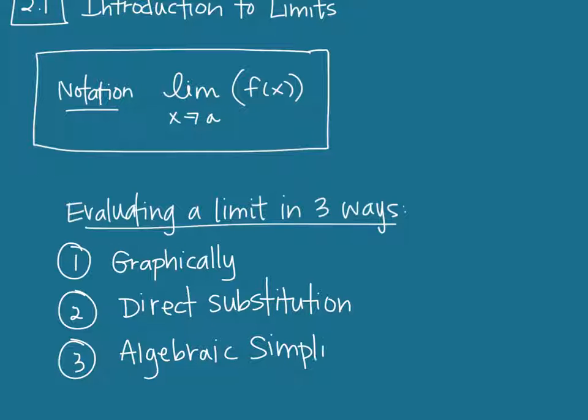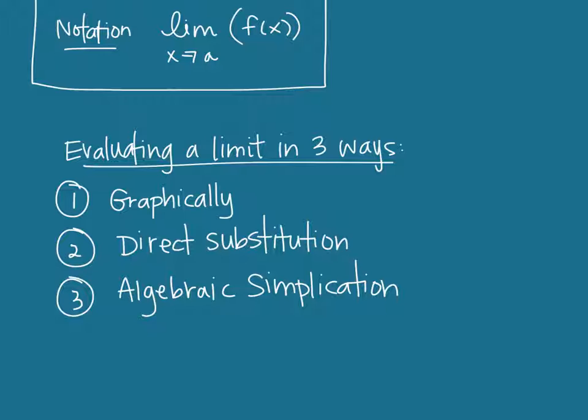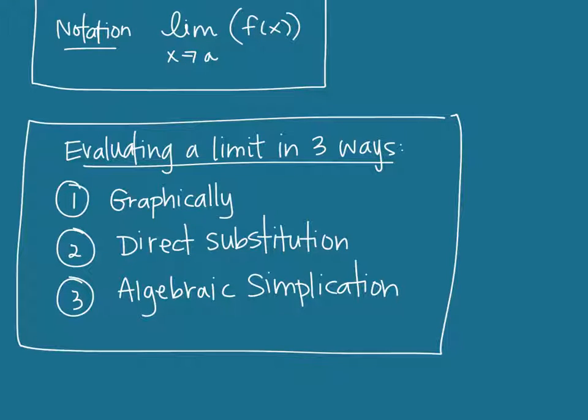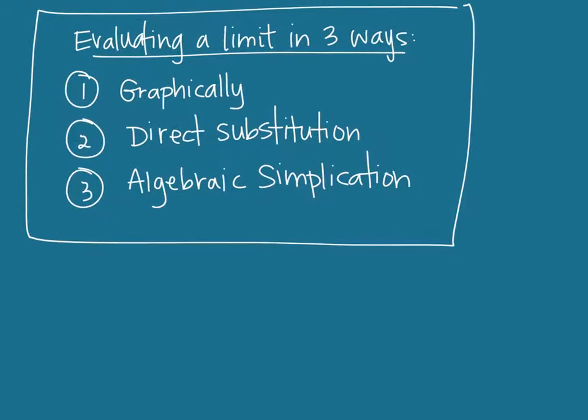That's why I had you practicing a little bit of factoring, because you're going to need to know some factoring, some algebra, maybe some conjugates, on how to simplify something using algebraic techniques to evaluate the limit that way. So you've got your limit notation, and then the approaches that we'll use, and I'm just going to demonstrate several of these.